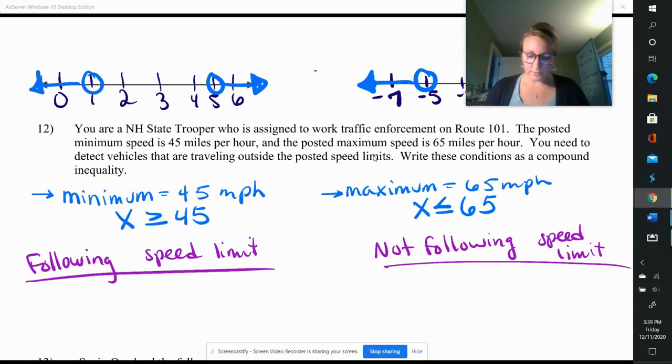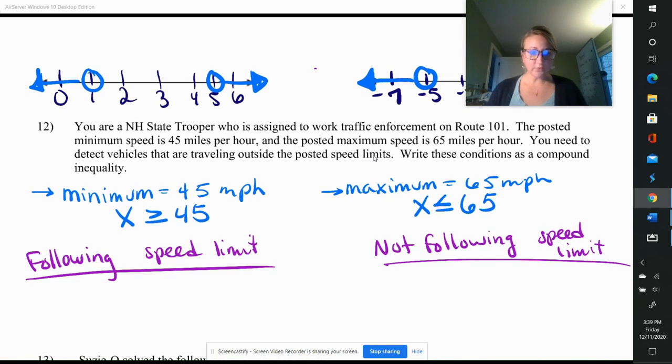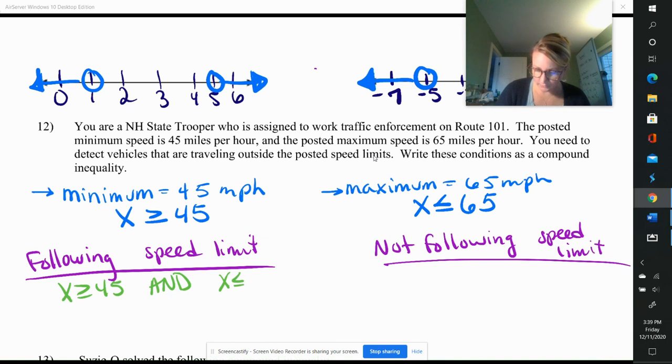For those following the speed limit, you have to travel between 45 miles an hour and 65 miles an hour. So you have to be going greater than or equal to 45, but you also have to be traveling less than or equal to 65.